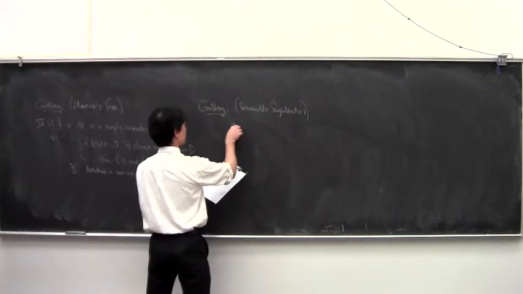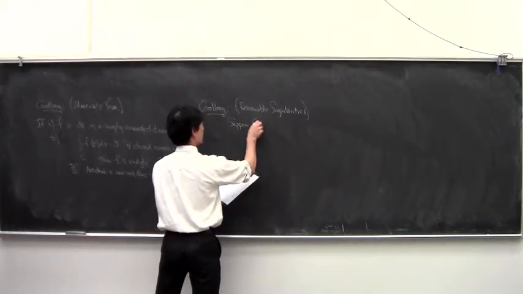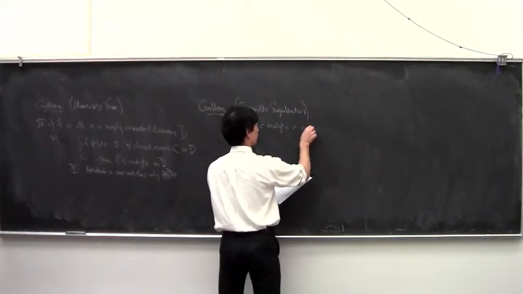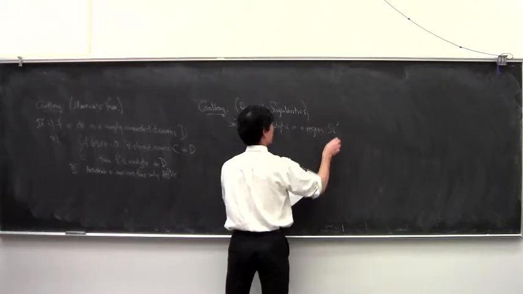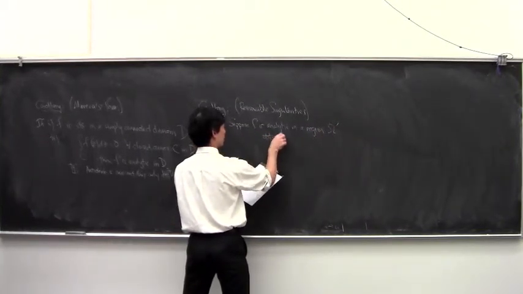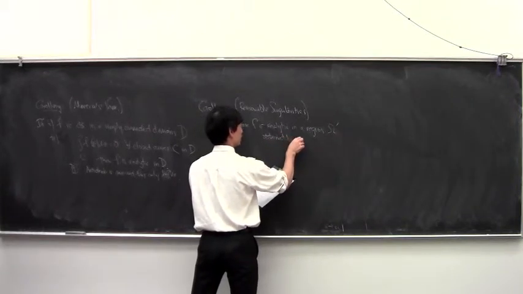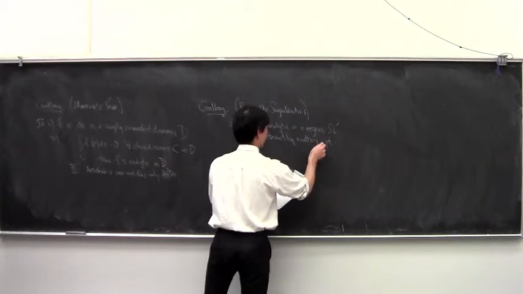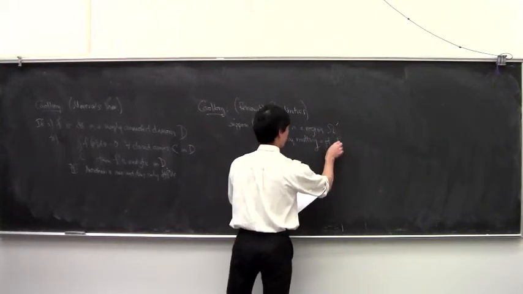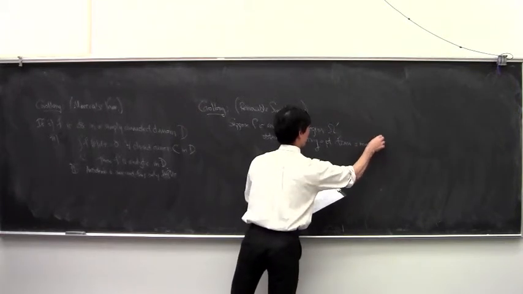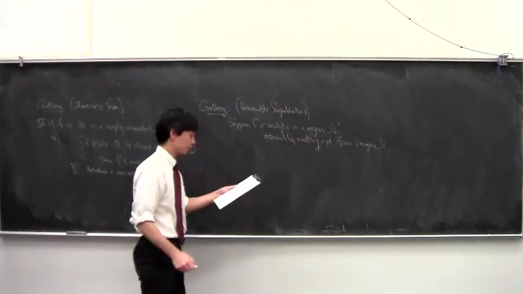Okay. Suppose f is analytic in the region omega prime obtained by omitting a point a from a region omega.